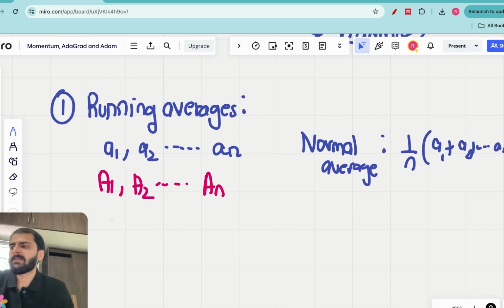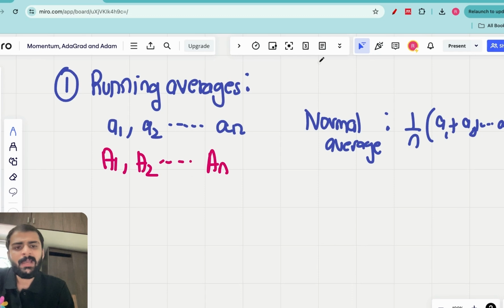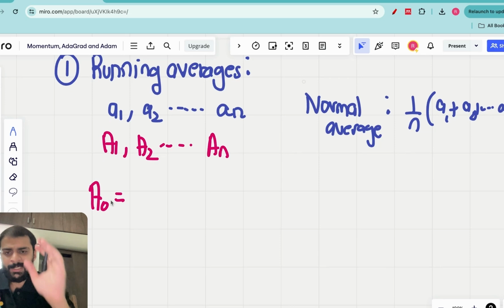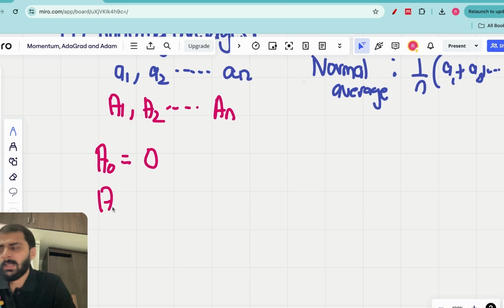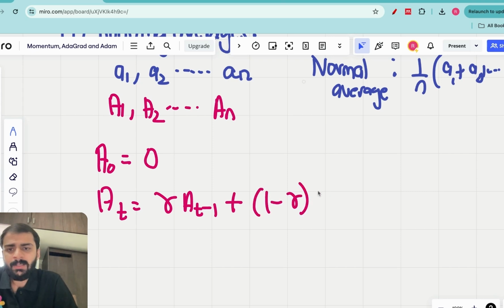So let us start with a simple example. Or before that, let me start out with the formula for the moving average in the first place. The formula is this: A0, the moving average at the first element, is equal to 0, and then At is equal to gamma times A(t minus 1) plus (1 minus gamma) times at. Here small a is the element of that particular sequence, a1, a2, dot dot dot an, and capital A represents the moving average at a particular time.